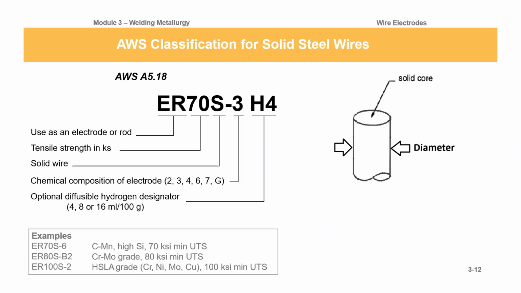And here's another look at the classification for solid steel wires. Pretty much tells us the same information, but this is just a different layout for explanation of that specification or that nomenclature.